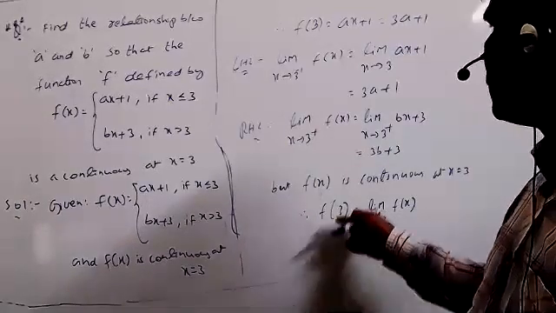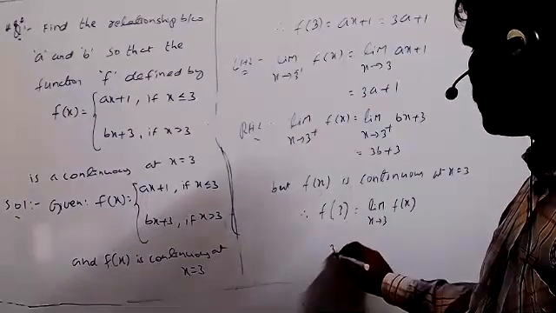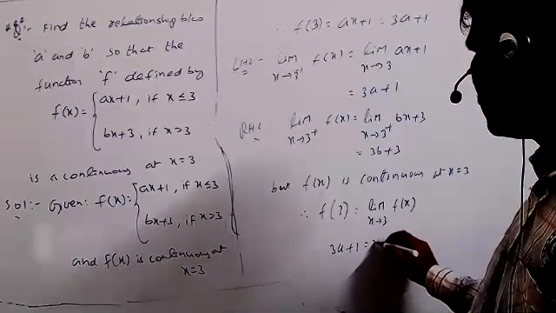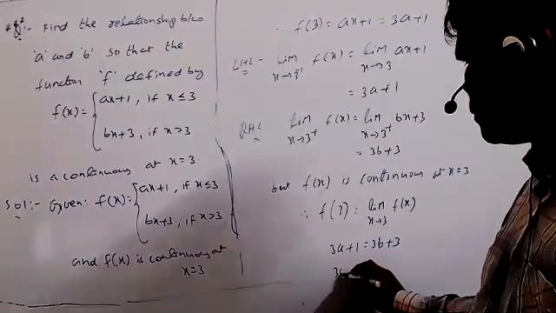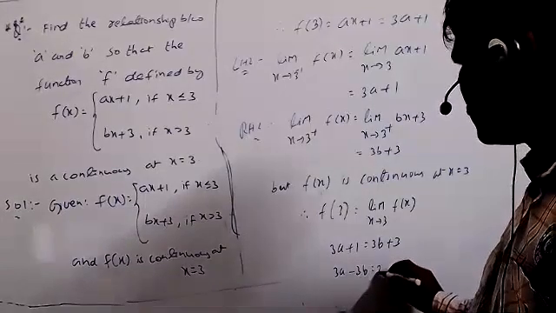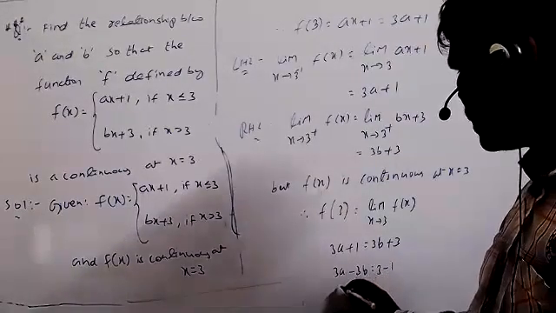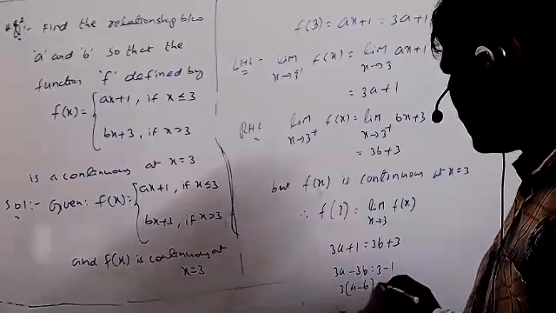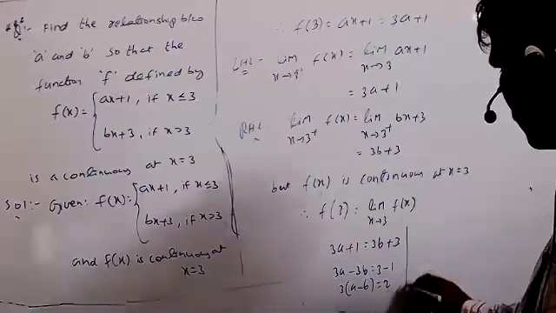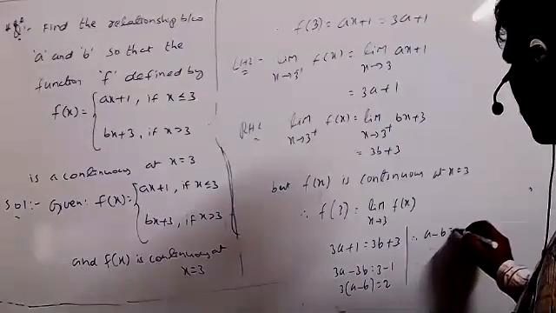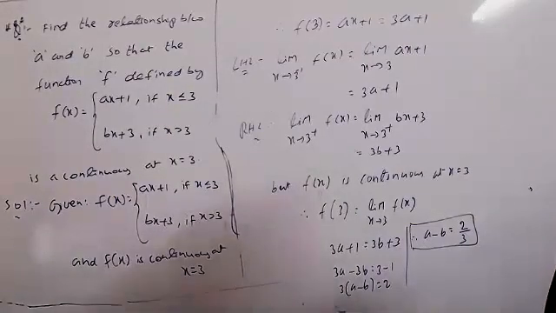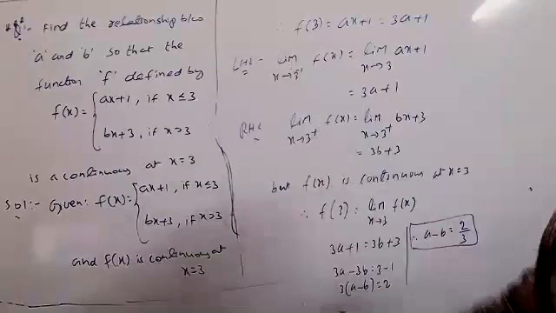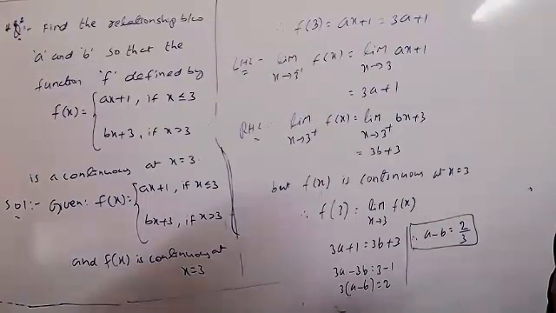So 3a + 1 equals 3b + 3. So 3a - 3b = 3 - 1. Taking 3 common, 3 into (a - b) = 2. So therefore, a - b = 2 by 3. This is the required relation between a and b, because they are asking the same thing only: find the relation between a and b.